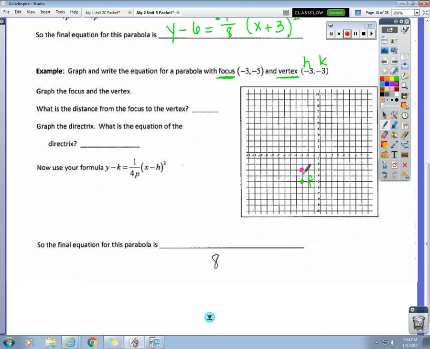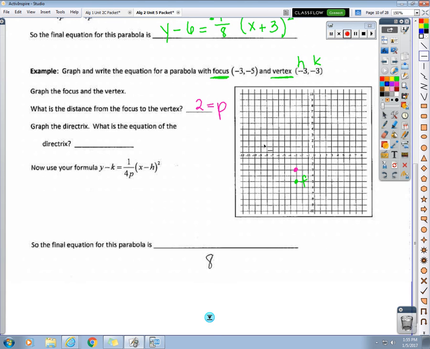And how far apart are those? 2 units. And what do we know about that number? It's your p-value. Okay, now we're going to draw in the directrix. Not that it's really critical. Remember, the vertex is always right in the middle. So where would the directrix have to be? At negative 1, right?